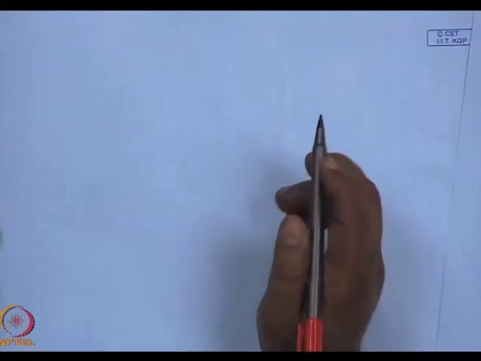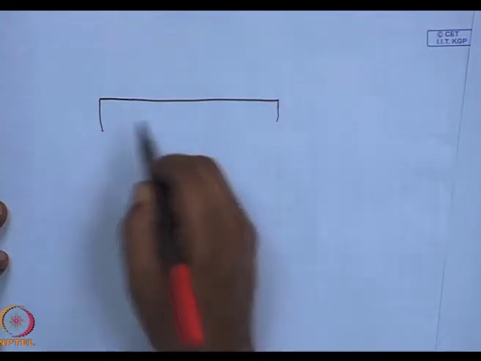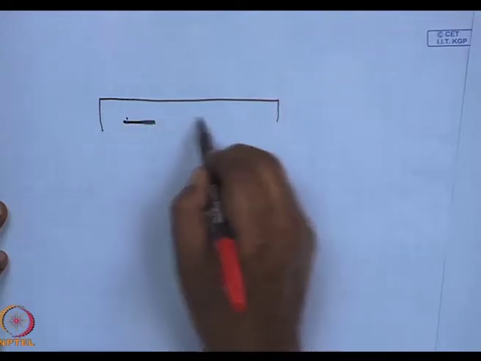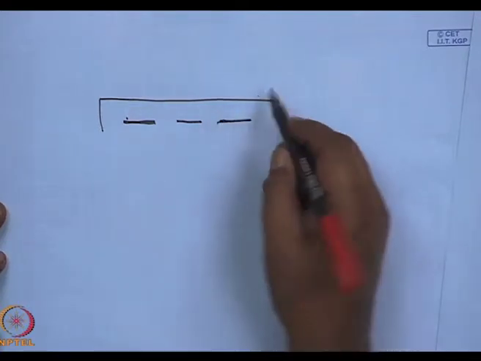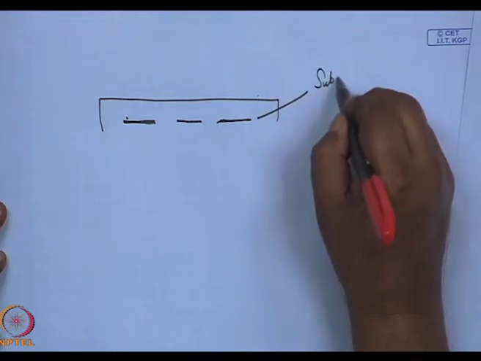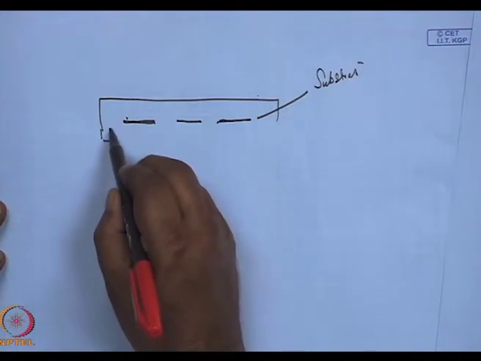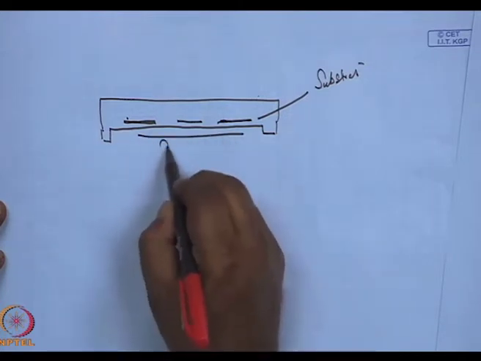So, if I draw a typical diagram of a CVD reactor, what will I have is a closed chamber where I shall have say the substrates, these are the heaters over here.